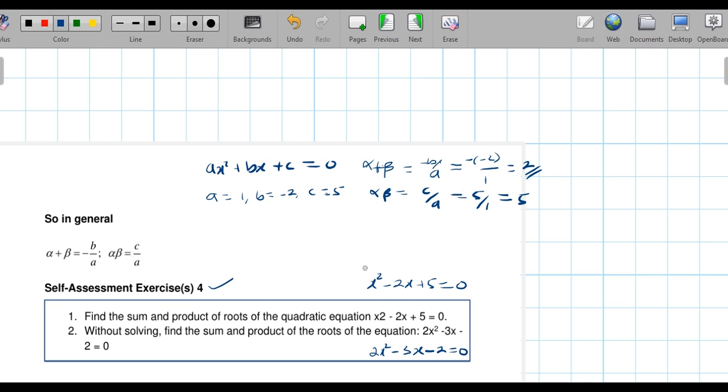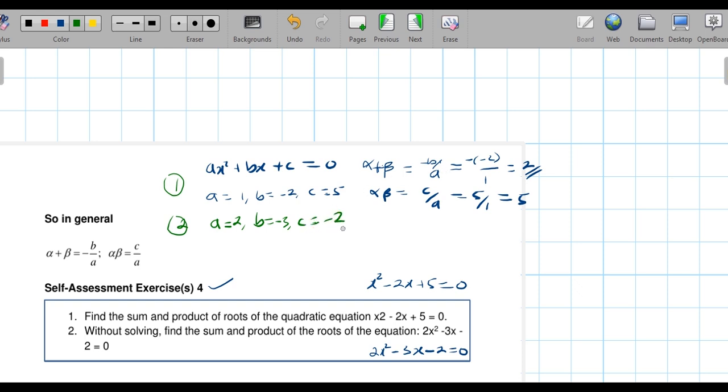That was for the first one. For the second one, a is 2, b is minus 3, and c is minus 2.